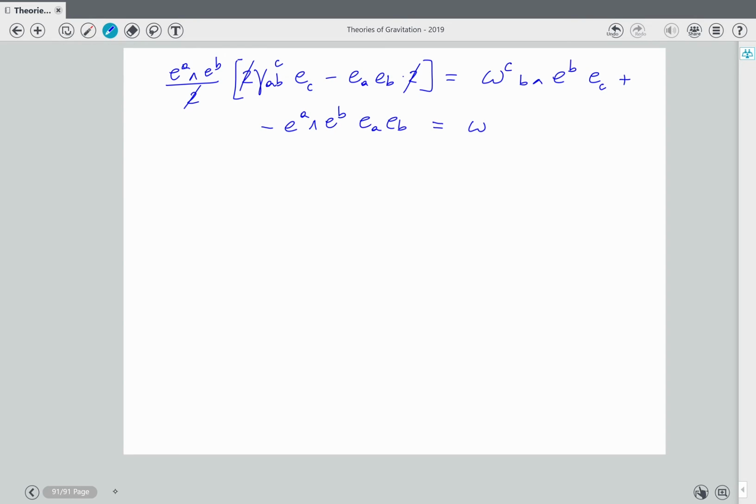Okay, so we copy, change name of the indices for some reason, we will see, plus, minus actually, let's write those in the ordinary basis.